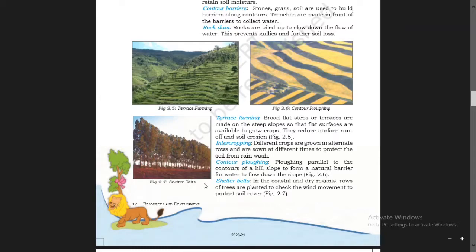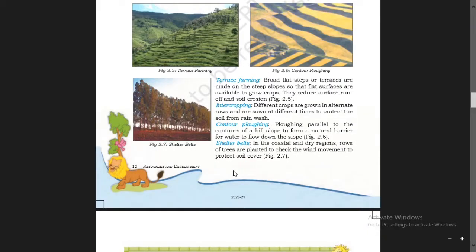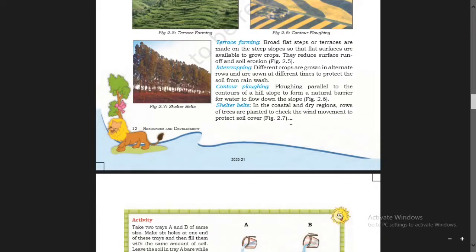From here also you can know it. So you see boys, trees are planted to check the wind movement, in order to protect soil cover. This type, shelter belts, is practiced especially in the coastal and dry regions.